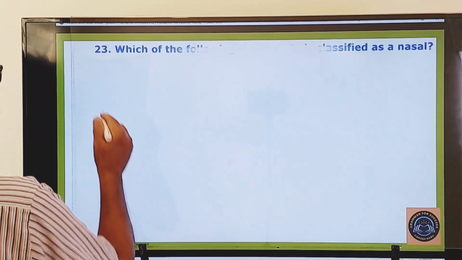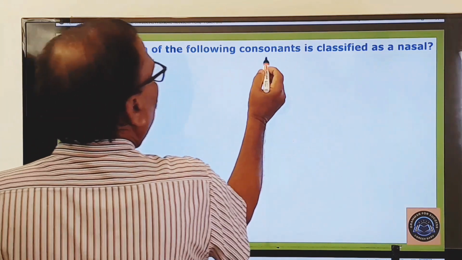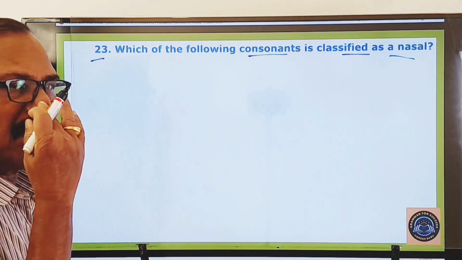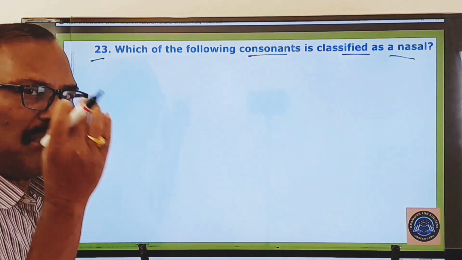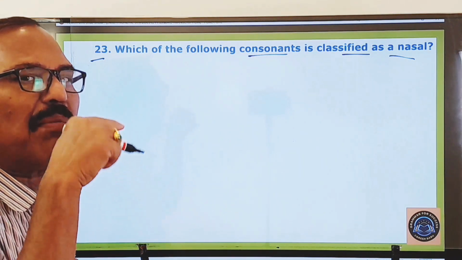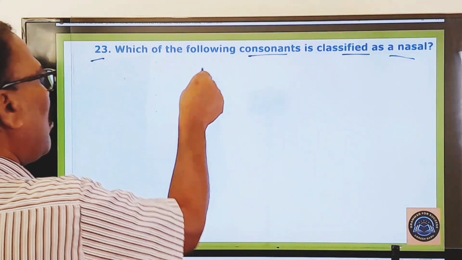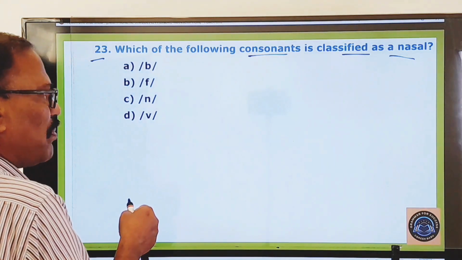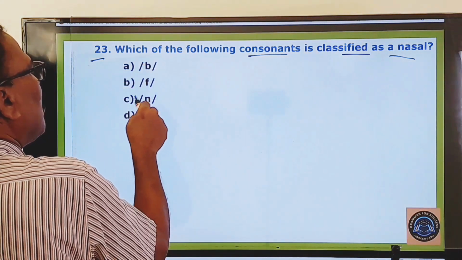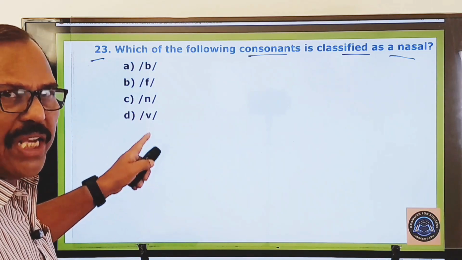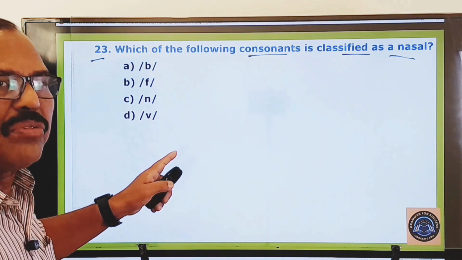Now you move on to the 23rd question. Which of the following consonants is classified as a nasal? Nasal means the sound of that letter will come out through the nose. What is that consonantal sound that comes through the nose? Here, ba, fa, na, va. You say it yourself and then you decide.